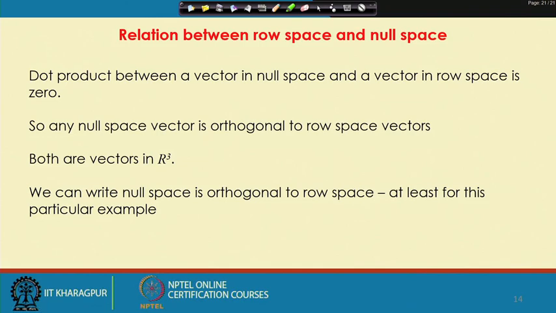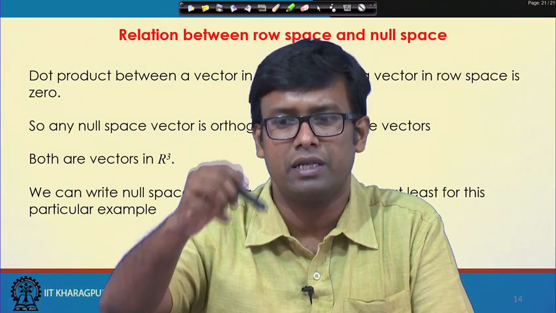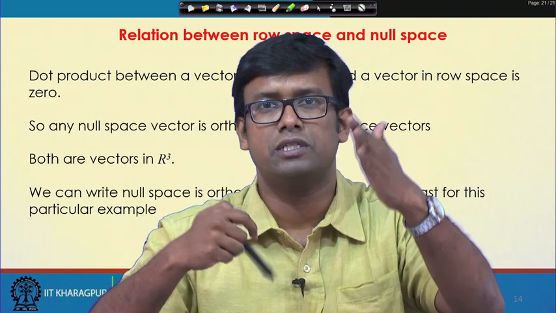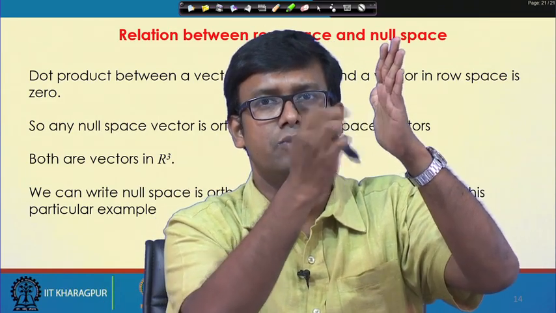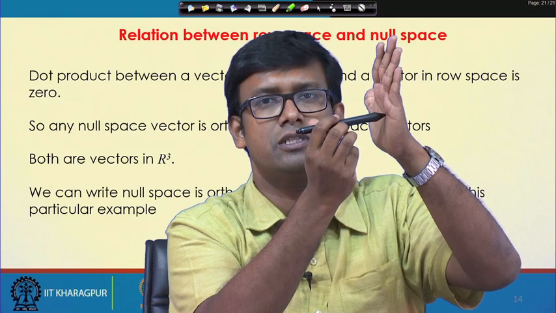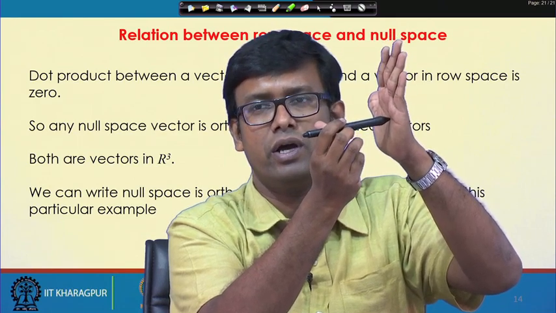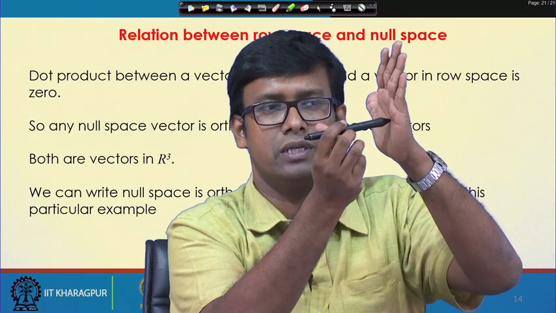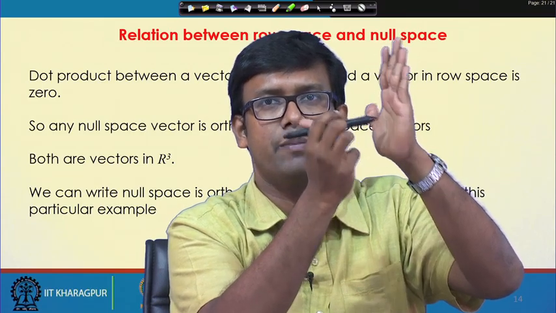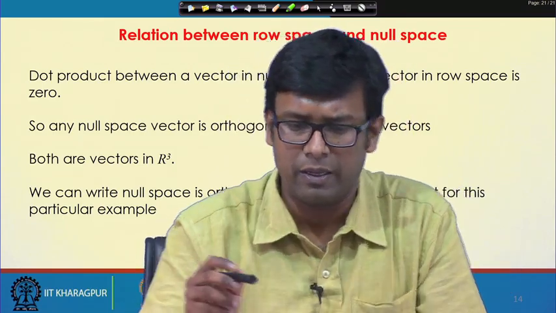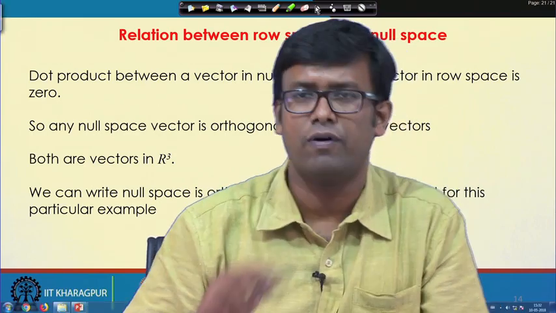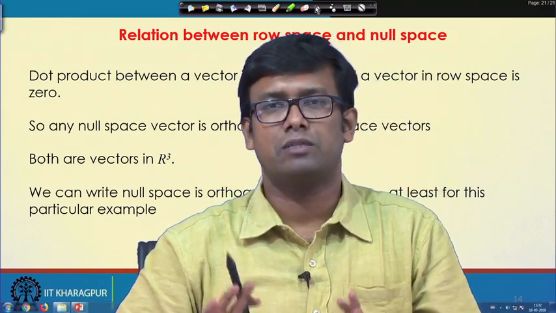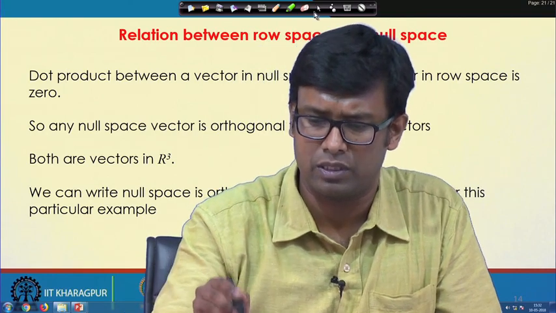The null space is a line and the row space is a plane, joined at the origin, and any vector in the row space is perpendicular to any vector in the null space. At least this is true for this particular example.